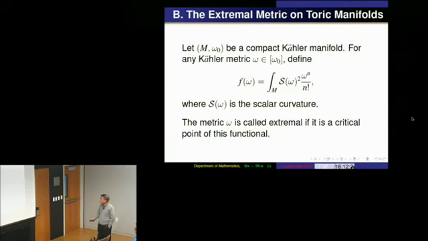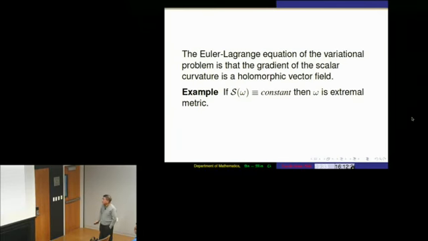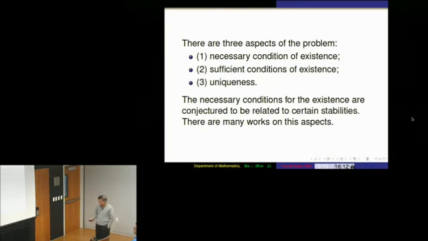The Euler-Lagrange equation of this variational problem is that the gradient of the scalar curvature is a holomorphic vector field. For example, if S is equal to a constant, then omega is a constant scalar curvature Kähler metric. About this problem, usually there are three aspects.